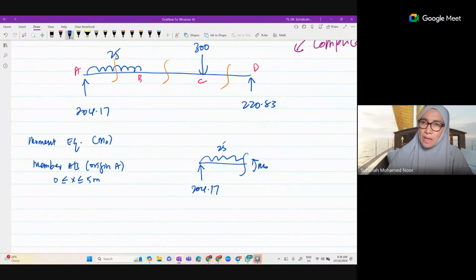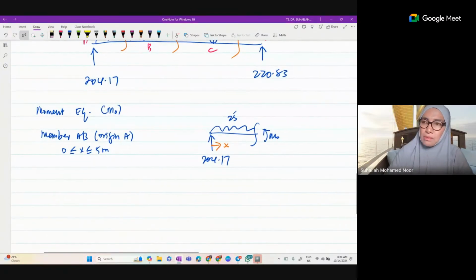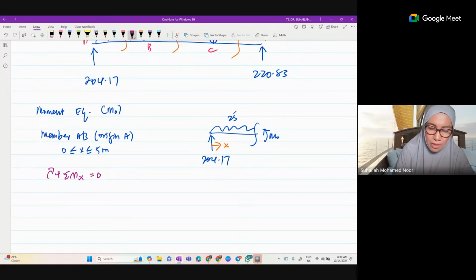Okay, so we have here the section for member AB, origin A. Origin A means from A here. So this is X, so we will write moment equation towards this diagram. The moment equation is taking moment at the cutting point equal to 0.